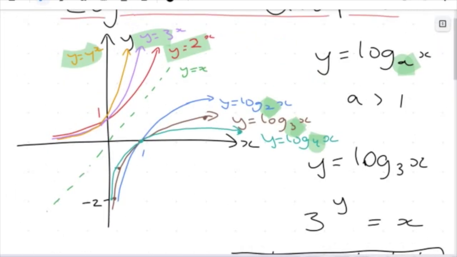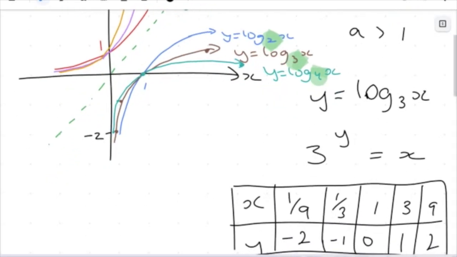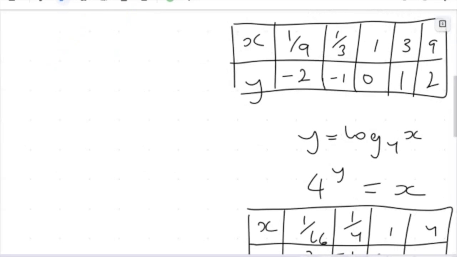Because comparing all of these, as we go from 2 to 3 to 4 in my log graphs, I can see my graph is not increasing at the same rate. The rate it's increasing in the y is slowing down. It's getting more shallow. So that's one of them.